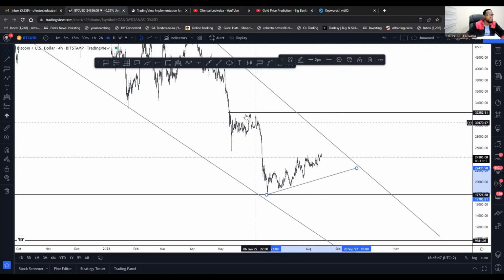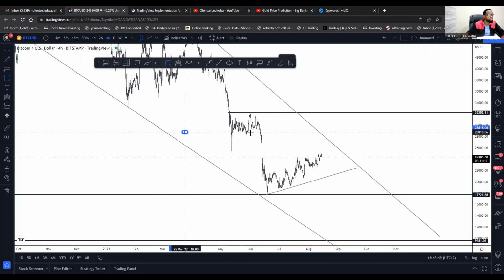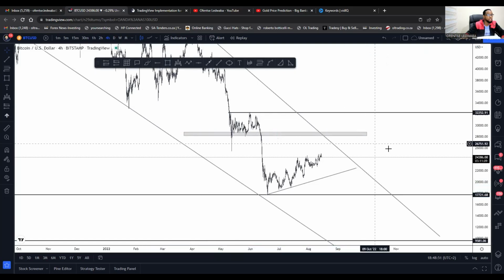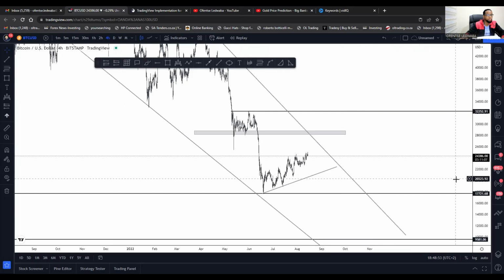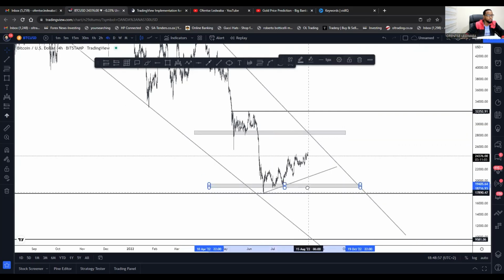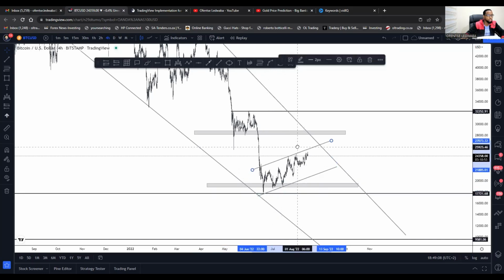Let's see. Now I will draw my significant area, which will be this. And the other one will be something like this, because you can see this came back to retest this particular area, hence it pushed to the upside. Then I will clone this. Use this.